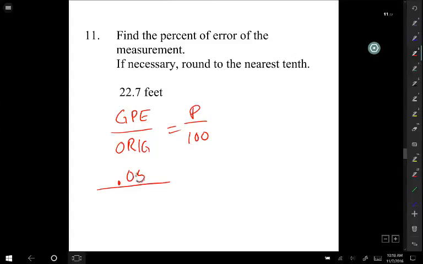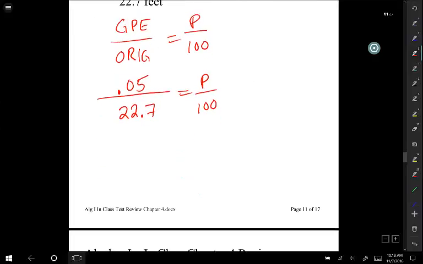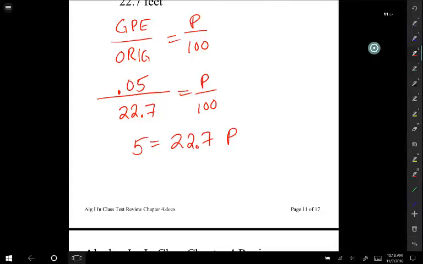Okay, 0.05 over the original equals P over 100. 0.05 times 100 is 5 equals 22.7p. Divide that by 22.7 and I get 0.2202.